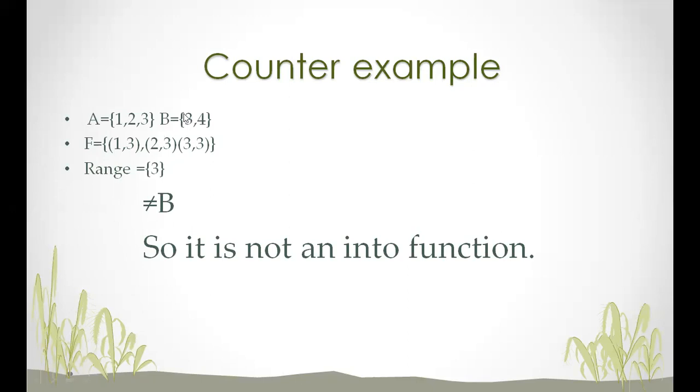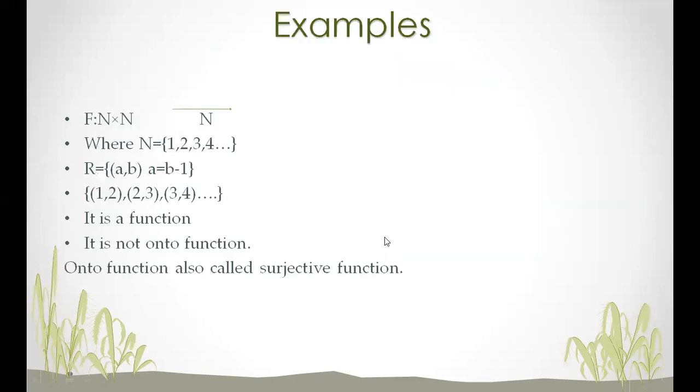Here the range is just 3 and is not equal to our codomain, that's why it is not an onto function. So you can determine an onto function by looking at its codomain and range.